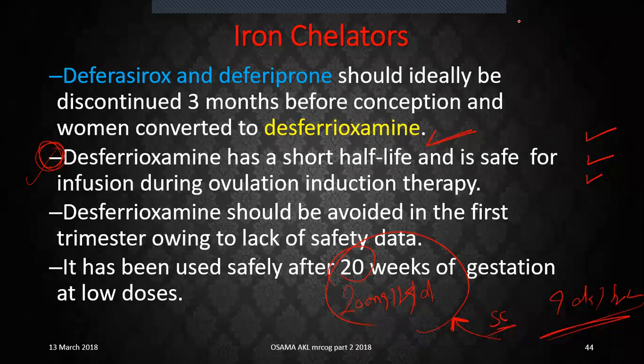If your case is anovulatory due to decreased gonadotrophins, which is caused by disorder in the pituitary due to iron deposition, and you are going to give her induction of ovulation, you can give induction at the same time you are still using this Desferal. It will not affect pregnancy because it has short duration of action, short half-life. So teratogenicity will not occur.